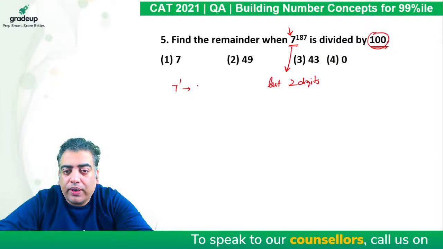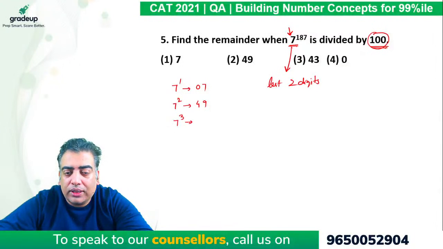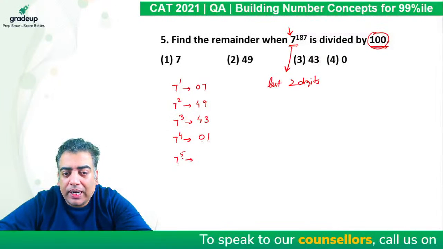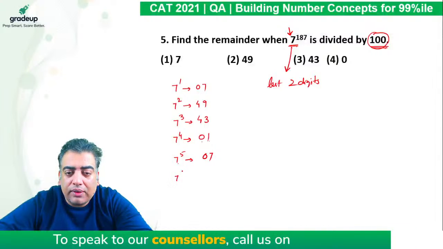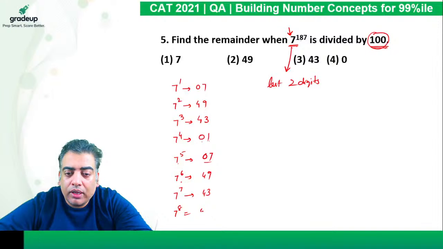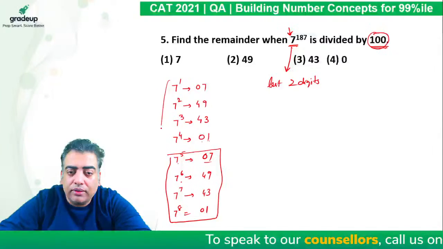Like 7 raised to power 1 ends in 07. 7 square ends in 49. 7 cube is 343, ends in 43. 7 raised to power 4 is 2401, ends in 01. 7 raised to power 5, so 01 multiplied by 7 is 07. 7 raised to power 6, 7 multiplied by 07 is 49. You will find again the very same pattern is getting repeated. In a set of 4, the very same values are repeating here.